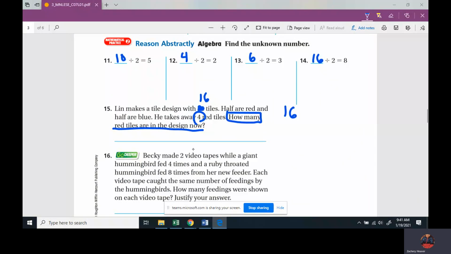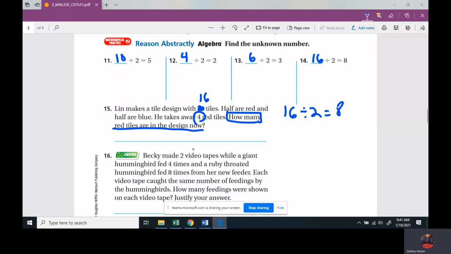So let's find out how many blue and red we have by finding half. 16 divided by 2. Can anybody tell me what that may be? We just looked at it a few minutes ago. If you skip count 2 to 16, what you got? 8. So we have 8 red and 8 blue, because they're half and half.